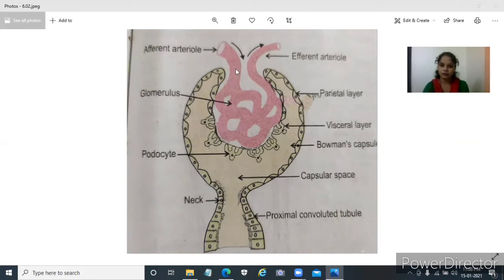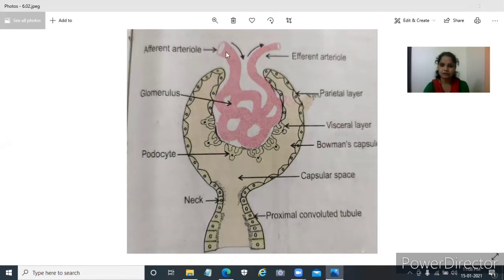Now, it entered inside the Bowman's capsule. While this capillary reunites and leaves that Bowman's capsule, now it is an efferent arteriole. Afferent arteriole enters the Bowman's capsule, while efferent arteriole leaves the Bowman's capsule.